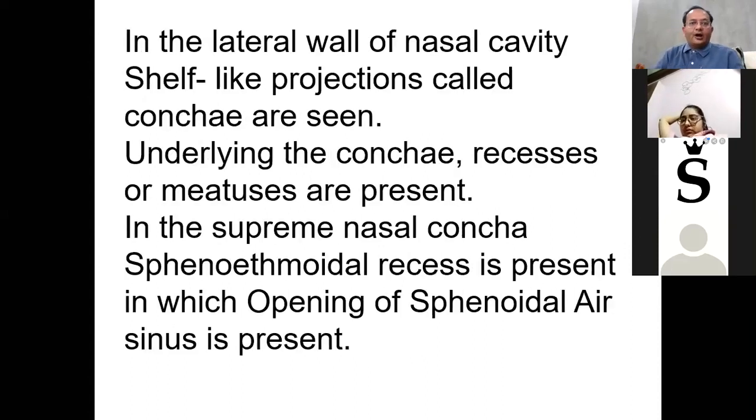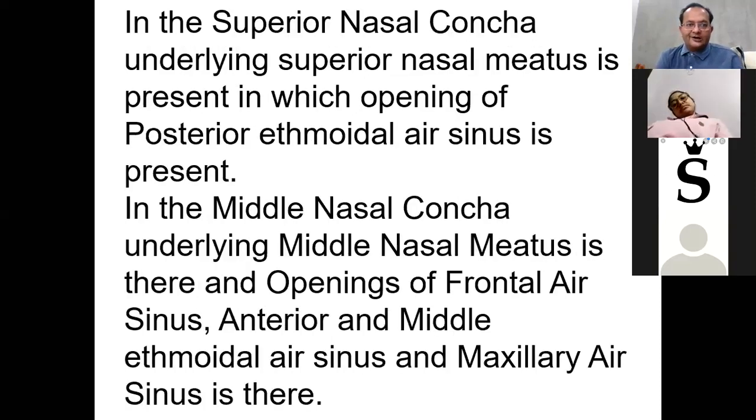In the lateral wall of the nasal cavity, shelf-like projections called conchae are seen. Underlying the conchae, recesses or meatuses are present. Above the superior nasal concha, the sphenoethmoidal recess is present, in which the opening of the sphenoidal air sinus is present. Underlying the superior nasal concha, the superior nasal meatus is present, in which the opening of the posterior ethmoidal air sinus is present.